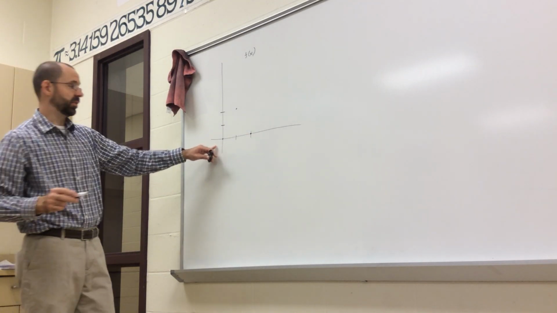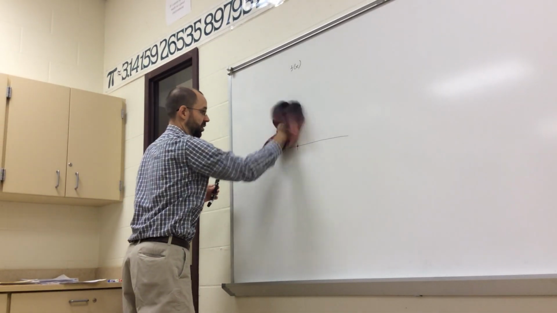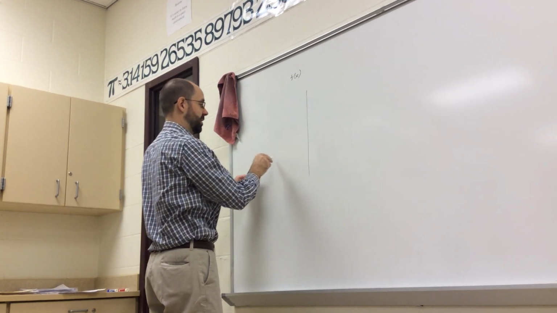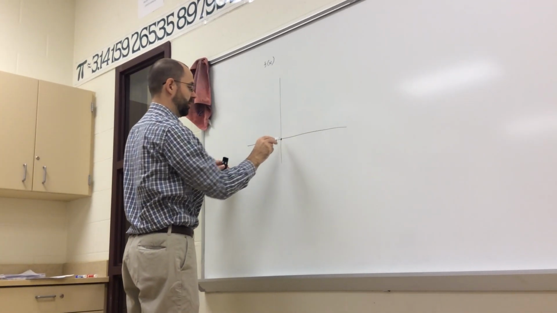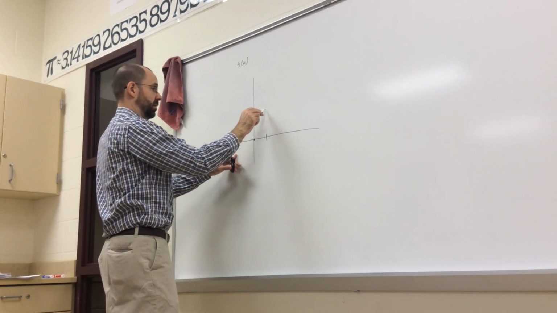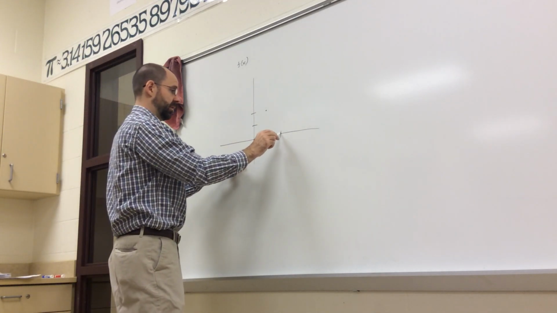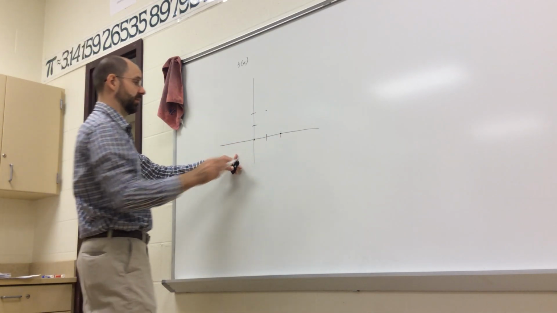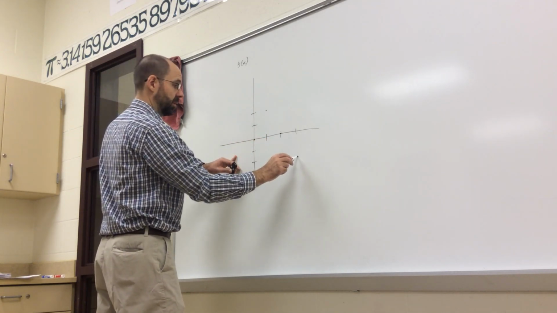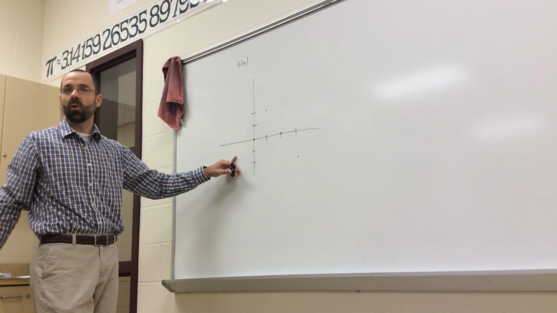And (3, -2). I'm getting myself into trouble here. I need to leave some more space. So (0, 0), (1, 2), (2, 0), and (3, -2). So that's a little bit easier than last time. I've got some points to go off of, some anchors.